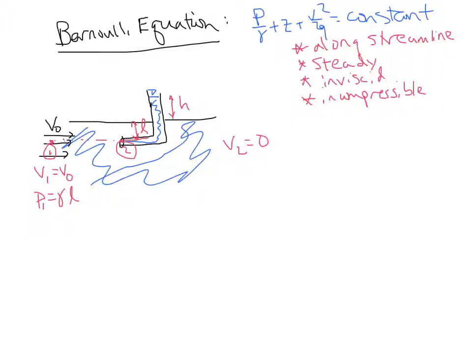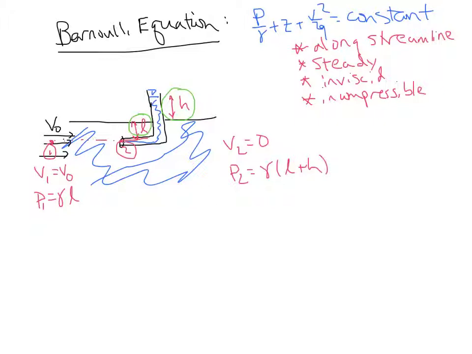The pressure at point 2 can be calculated using hydrostatics. So we combine the depth of the tube below the surface plus the height of rise within the tube to say that P2 is equal to gamma times (L plus h).